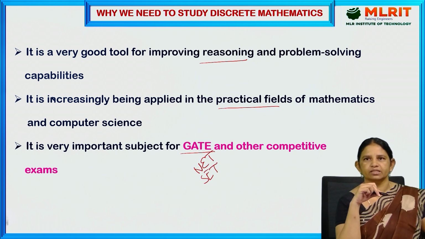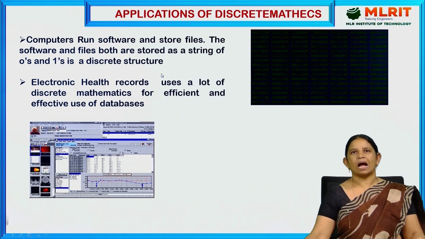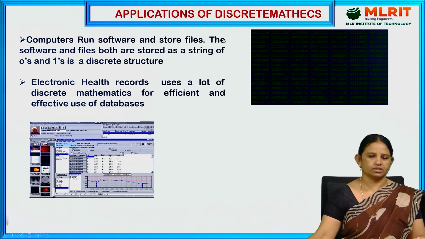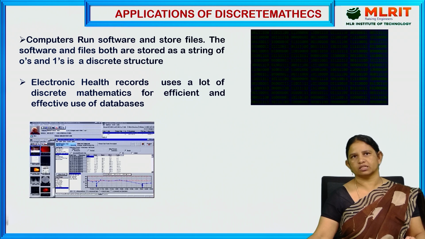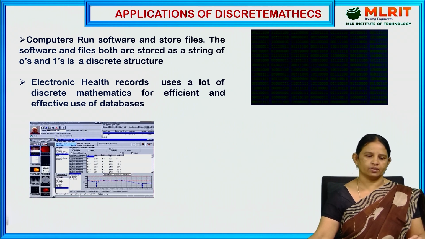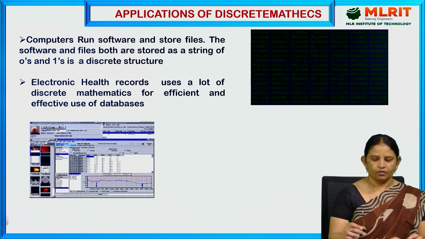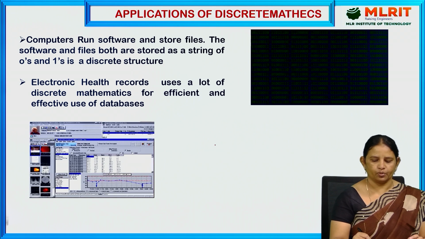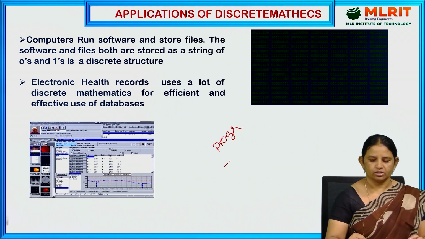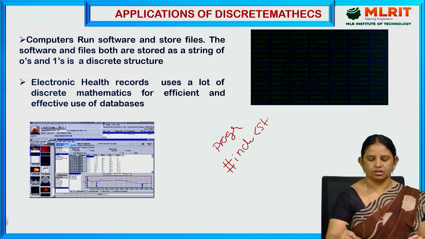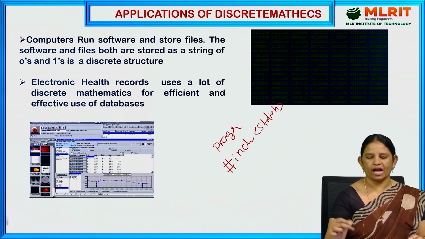This subject is useful. Coming to the third topic, applications of discrete mathematics. In which areas are we using discrete mathematics? Many areas are there, but let us discuss some important applications. For example, if you write any programming code like a C program consisting of #include stdio.h, it is in the form of a high level language.